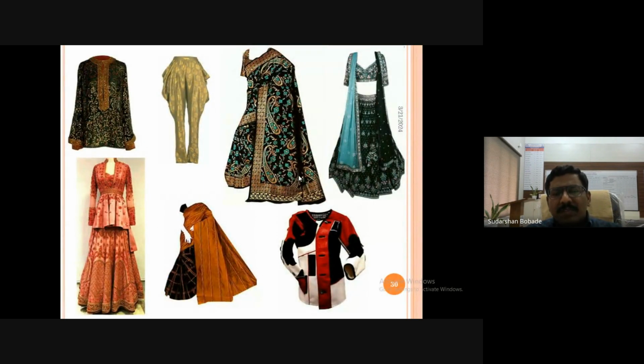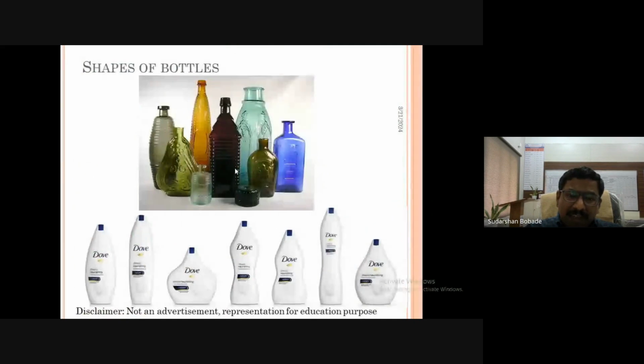Now see, this is everyone's interest rather. Whenever we are looking at fashion, with the different designs we can claim for saris or any other clothing. So this is the way with which we can apply for a design. Now these are the next category of design, the shapes of the bottle.